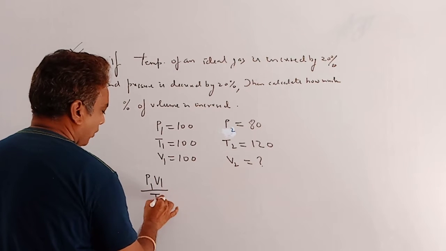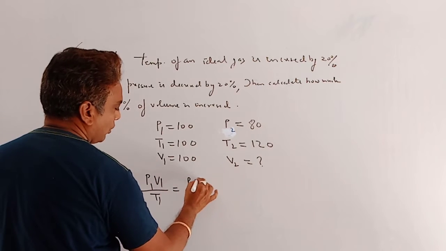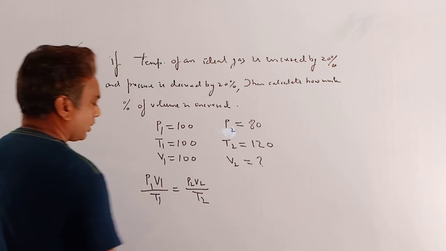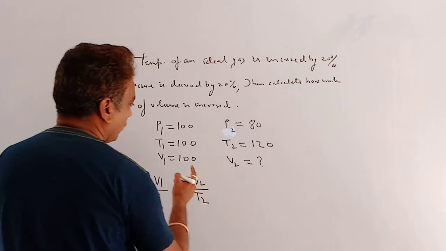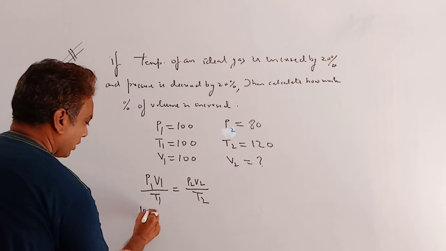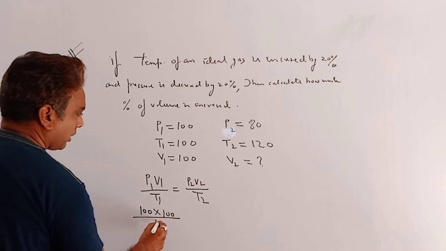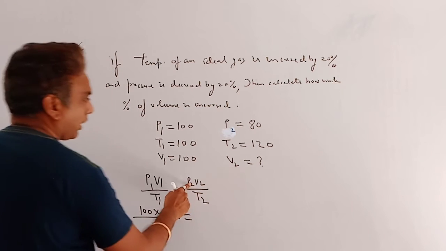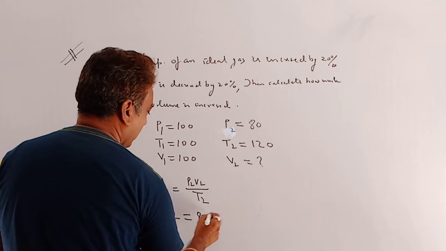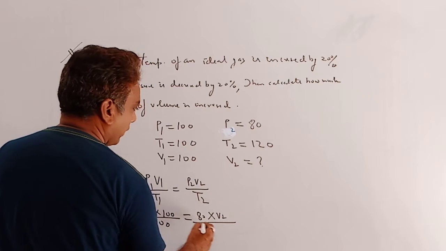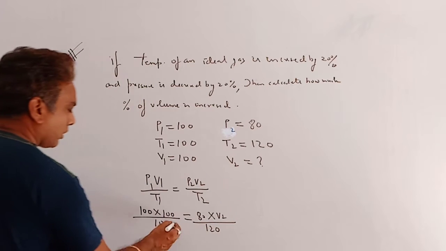P1 V1 upon T1 is equal to P2 V2 upon T2. So put the values. Here it is 100 multiplied by 100 divided by 100. Clear? And here P2 will be 80 multiplied by V2 divided by 120.